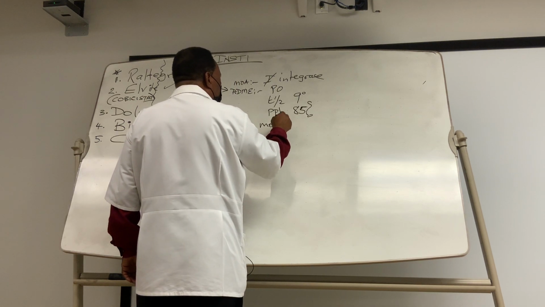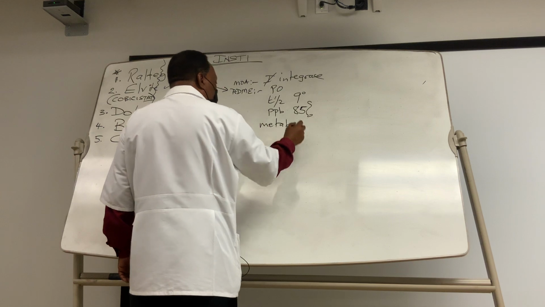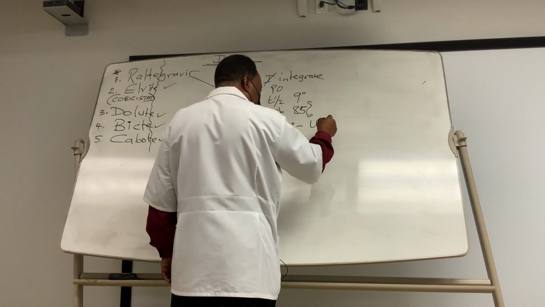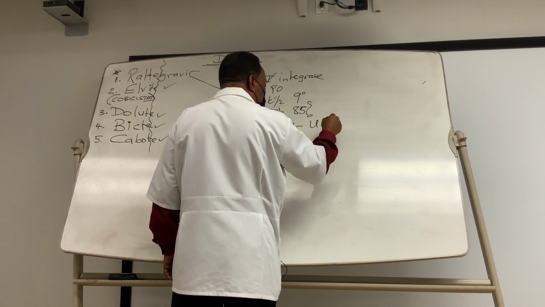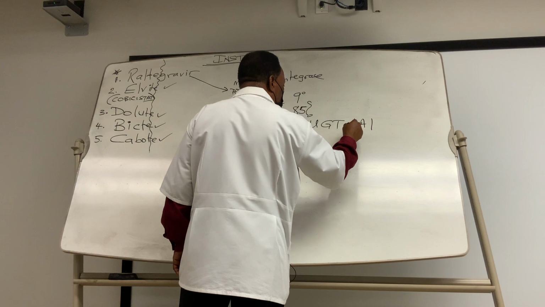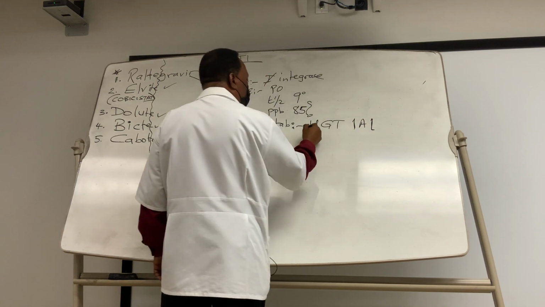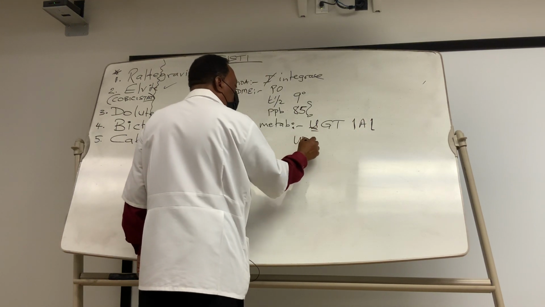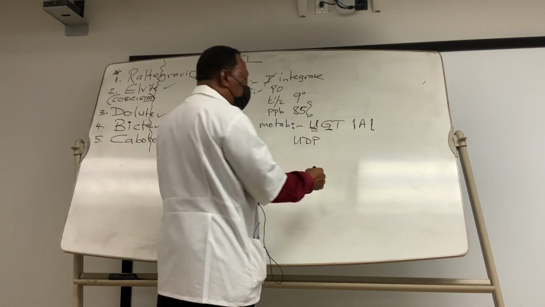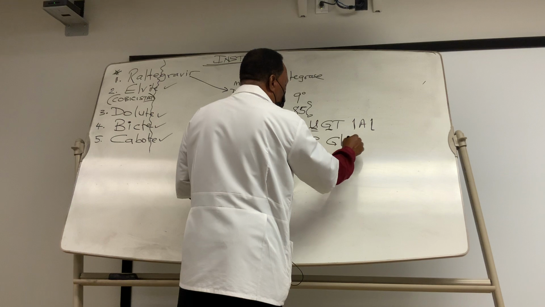In terms of its metabolism, it is metabolized by your UGT1A1. U there stands for uridine diphosphate, and G is glucuronide.